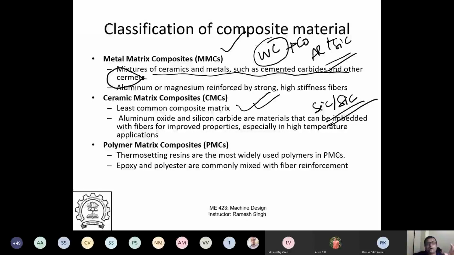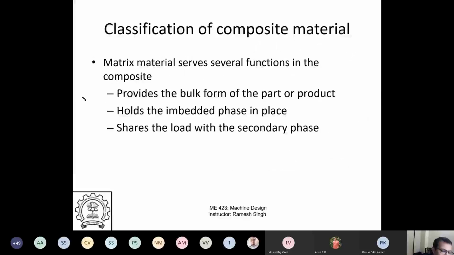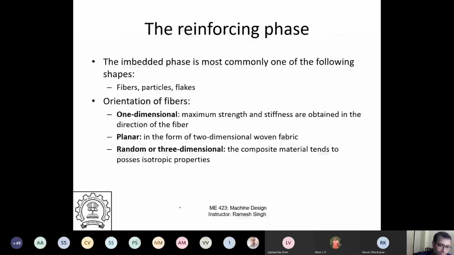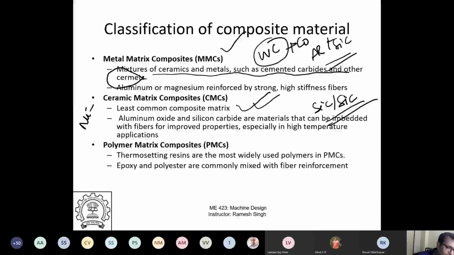Right now, most of the hot components of engines are made of nickel superalloys, the Inconel class of materials.